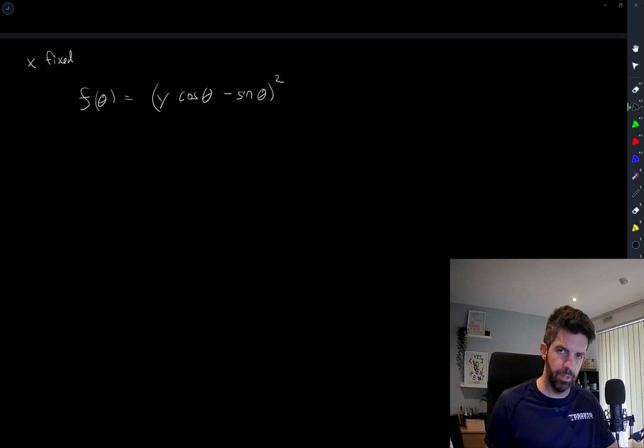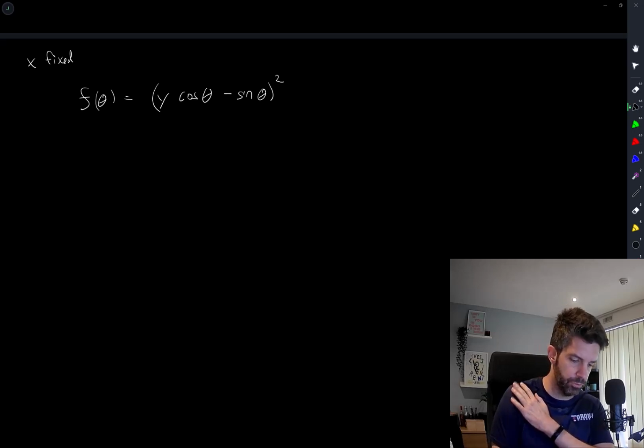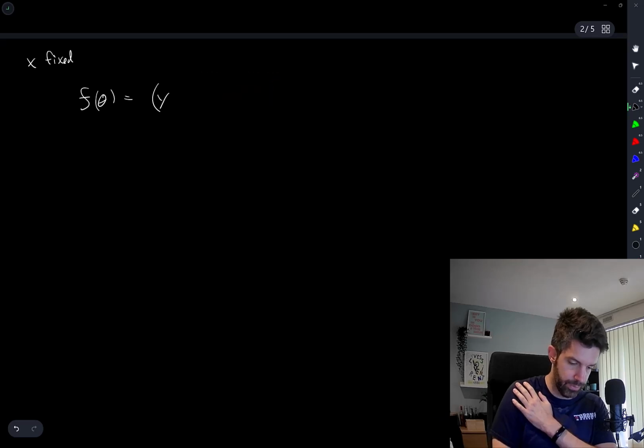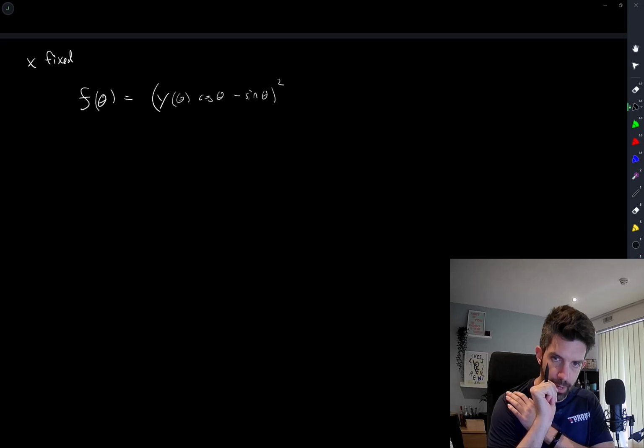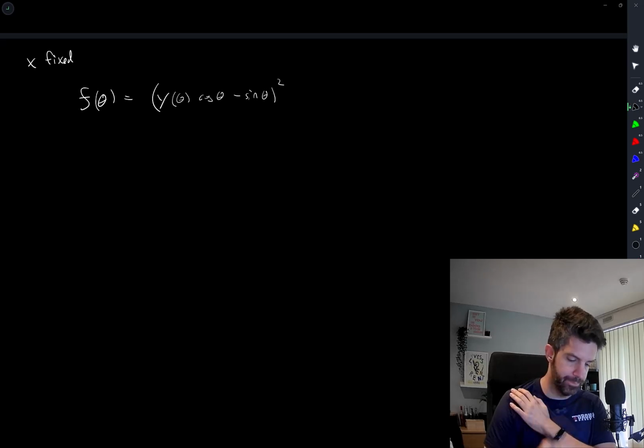No, because on the right hand side y has a theta in it. So x is fixed. F of theta is equal to this, but let's make it clear that y is a function of theta. So what I'm going to do is minimize this and hope that the minimum is 4 times (y minus 1) squared.